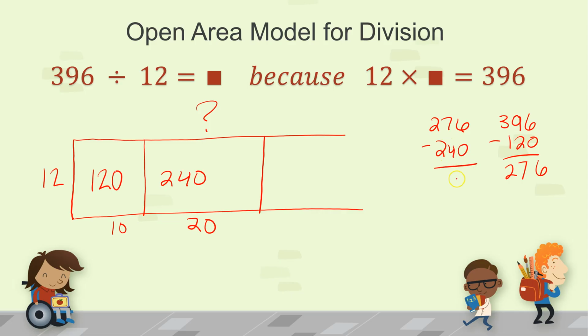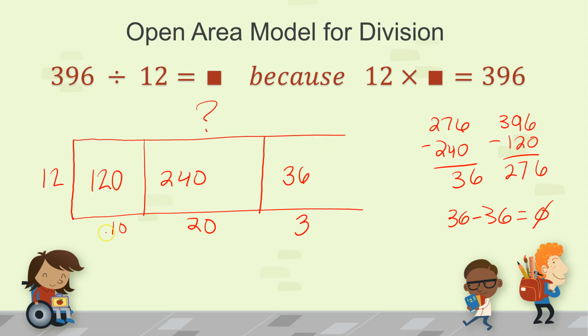Therefore, I have 36 left. There's 36 to go right there. So 12 times what gives me 36? I say 12 times 3 because that gave me 36. And then 36 minus 36 is all done.